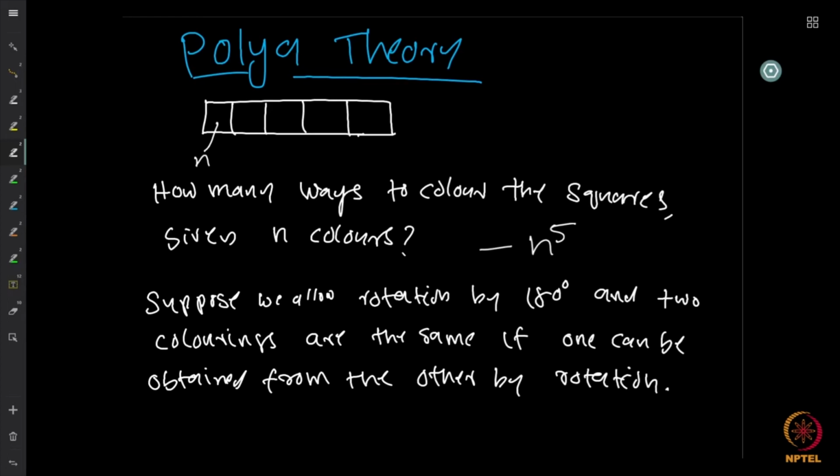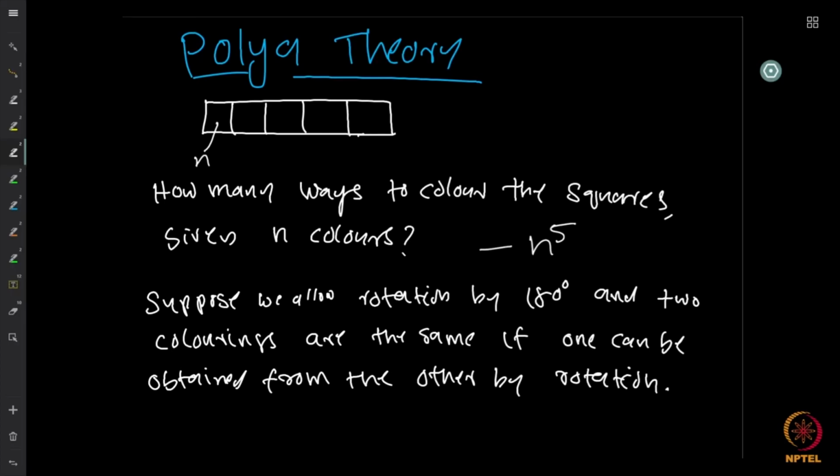Now we can add some restrictions. For example, I say that we allow rotation of this figure by 180 degrees. I can just rotate the entire thing by 180 degrees. And then I say that if I can get one coloring, a fixed coloring of this strip, by rotating another coloring, then I consider them to be equivalent.